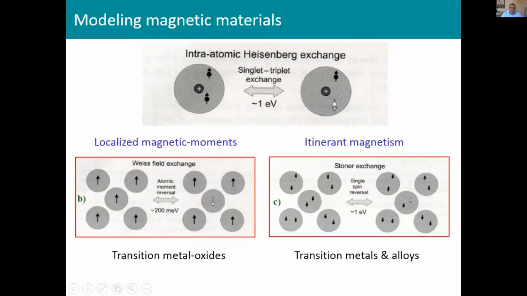D and F electrons are producing this kind of magnetism. So the question that we're trying to answer is, what is the kind of magnetism that we are looking at in graphene? From the experiments, it's clear that it's not a localized magnetic moment. Apparently, it's an itinerant magnetism. However, we need to characterize this kind of magnetism.